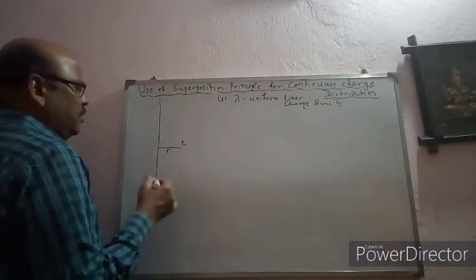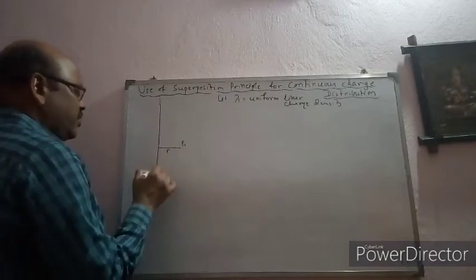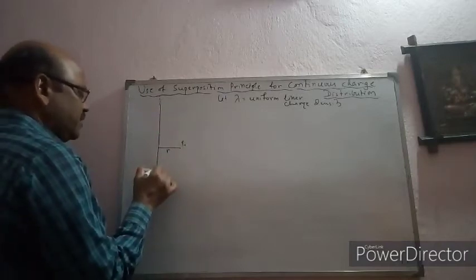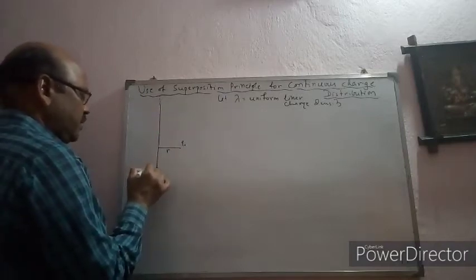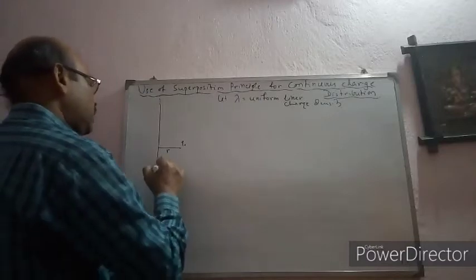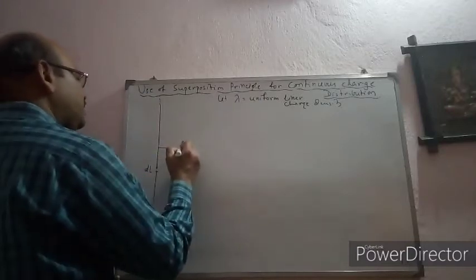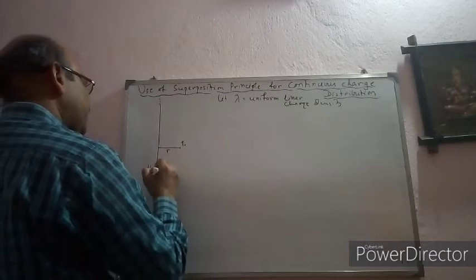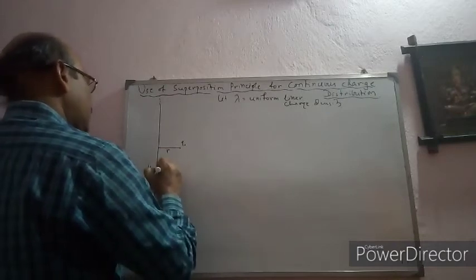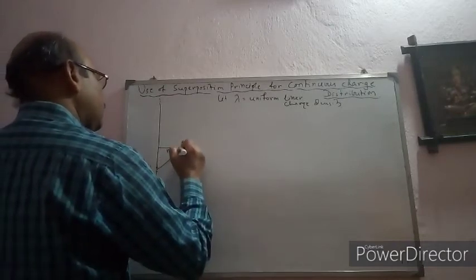So let us consider an arbitrary element first. Let it be dl. The force experienced by this charge q naught due to this elementary charge is along the direction shown.